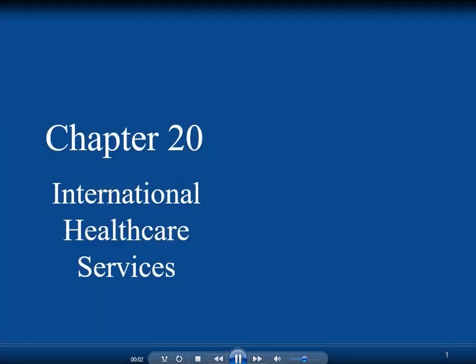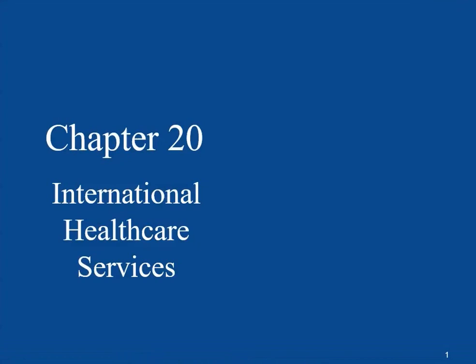Okay, welcome to this podcast for Chapter 20 involving international healthcare services. There are 24 pages in the textbook that you need to look at and read. I want you to focus in on Table 21, that's two of those pages in the textbook.